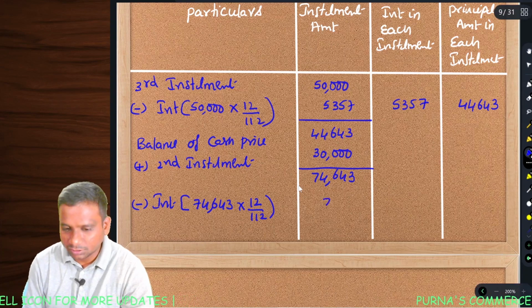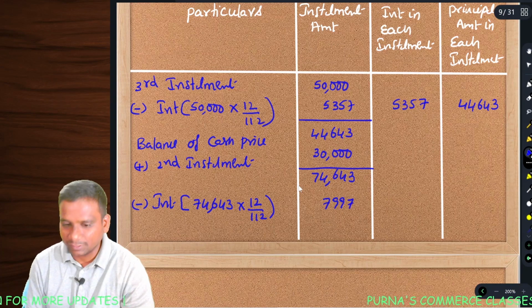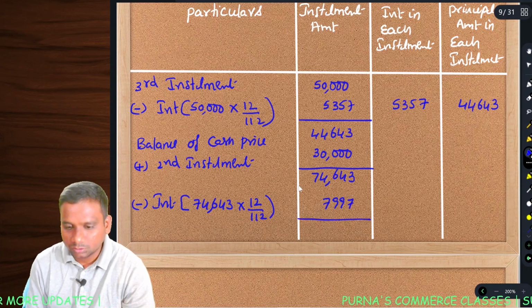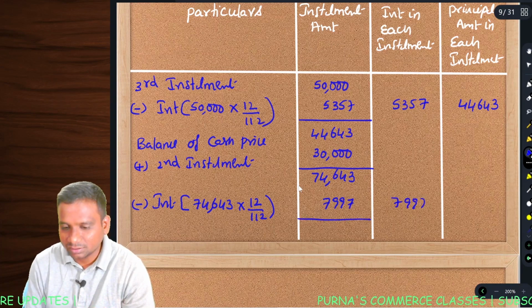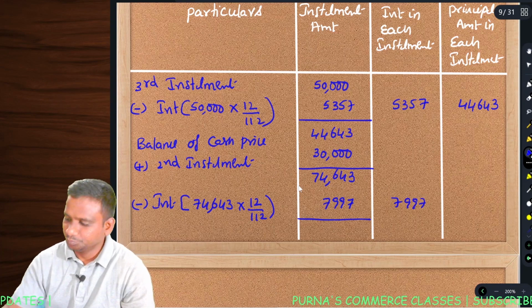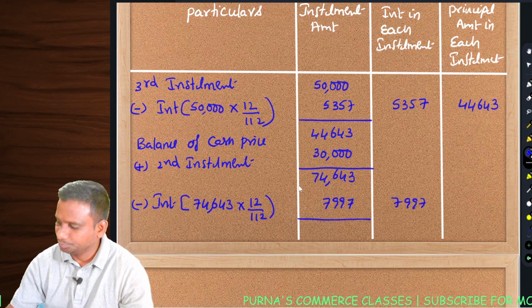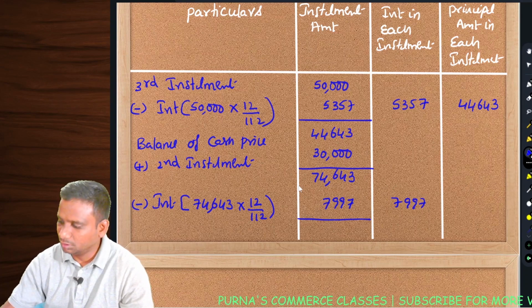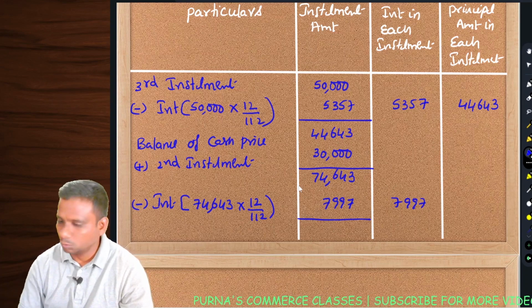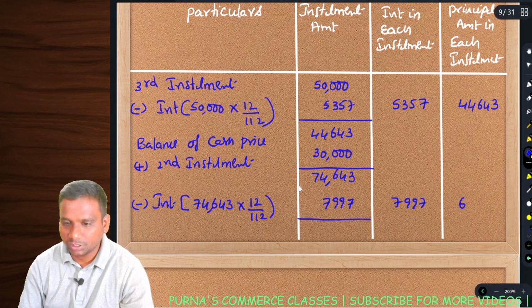This is something interesting, students. 7997. So 7997 is the interest portion. Out of 74,643, deduct 7997. So what is the principal amount?